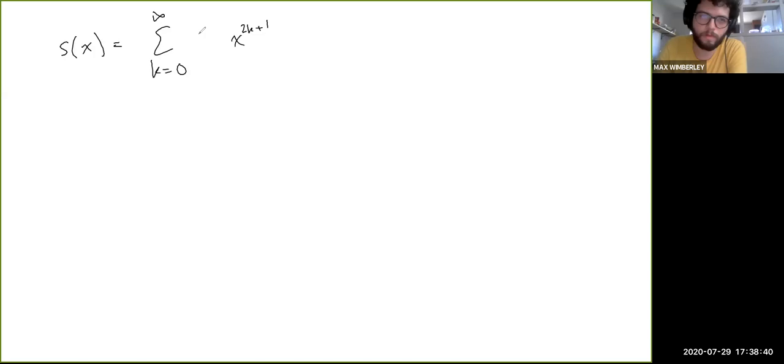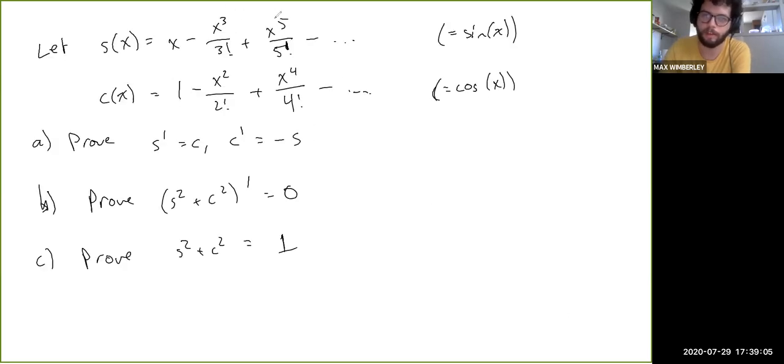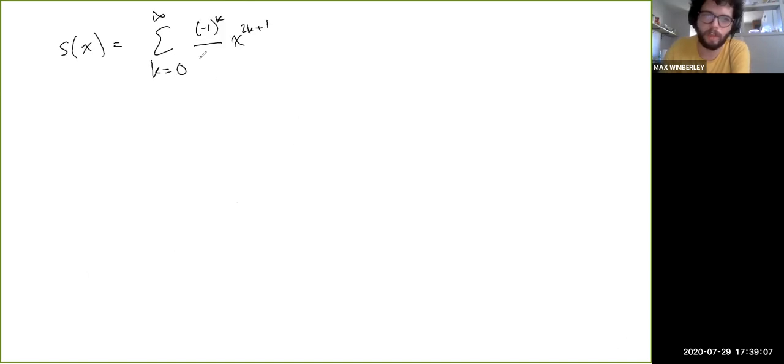I think it's good to get in the habit of thinking through all the different pieces, all the different patterns, and trying to match them up to an expression for the first few values of k. And then things will just work out. And then it's always getting divided by a factorial, which is always the same as the exponent of x, so it should be 2k plus 1 factorial.